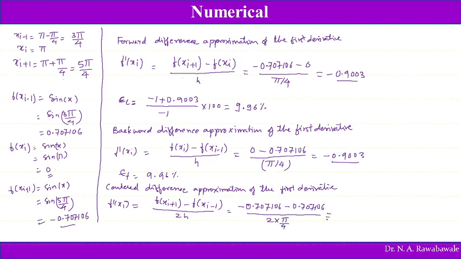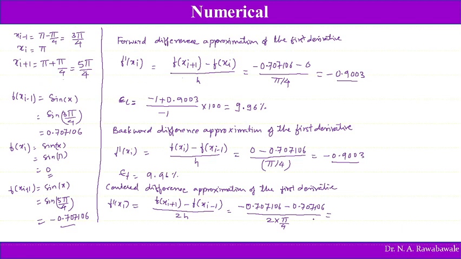So again this works out as minus 0.707106 into 2 divided by 2 into pi by 4.